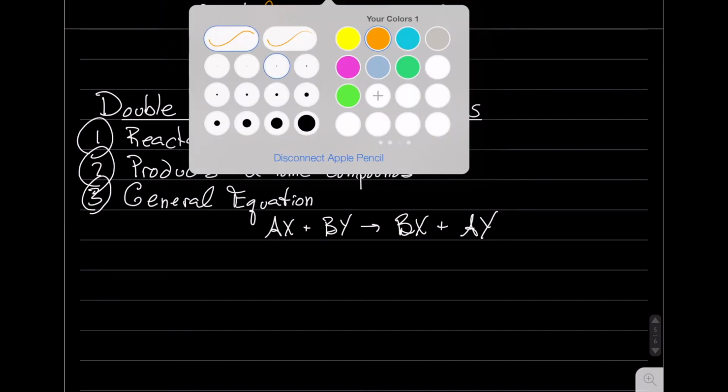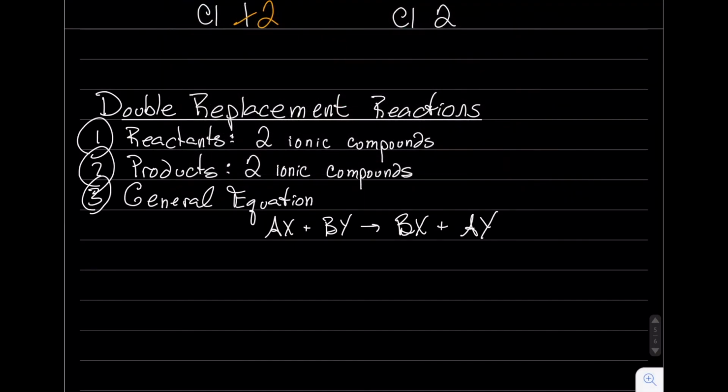All right, so now how do you complete the reaction?